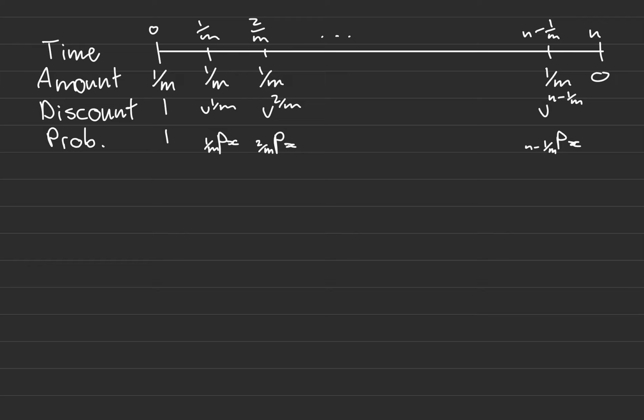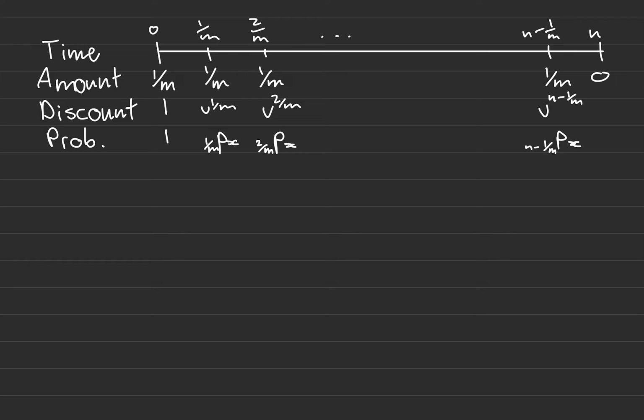And to get any other sized payment, we had to multiply that annuity factor by a greater amount. So if the annuity payment was 100,000, I would take 100,000 times my expected present value factor for the annuity.